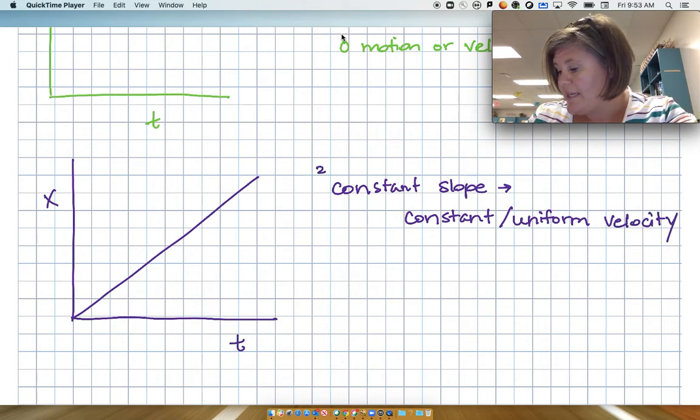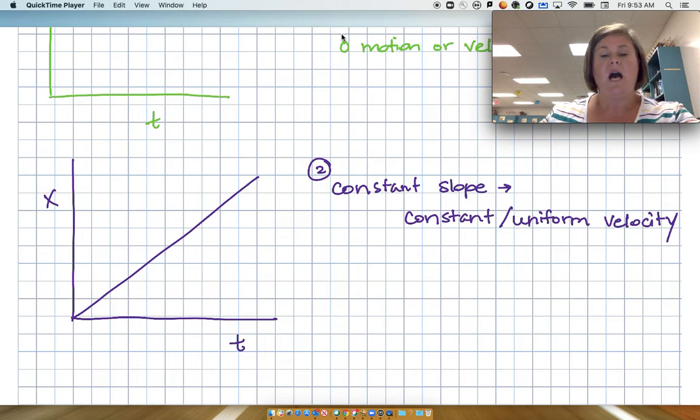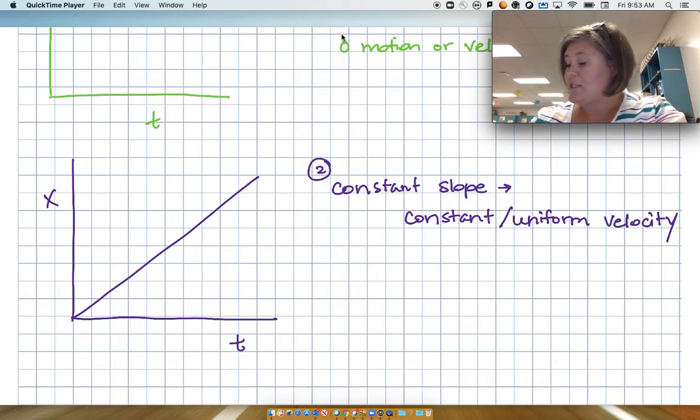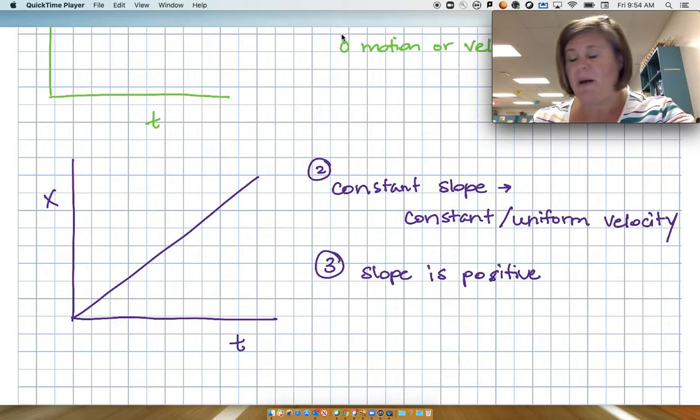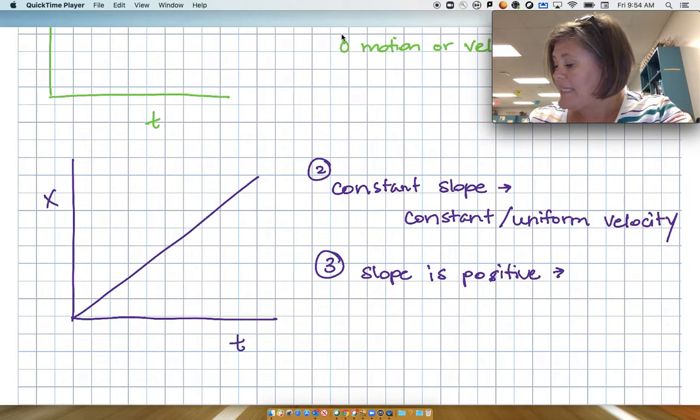So that's like rule number 2 there. Also, you can see here that the slope is positive, which means that that rate of change is positive.